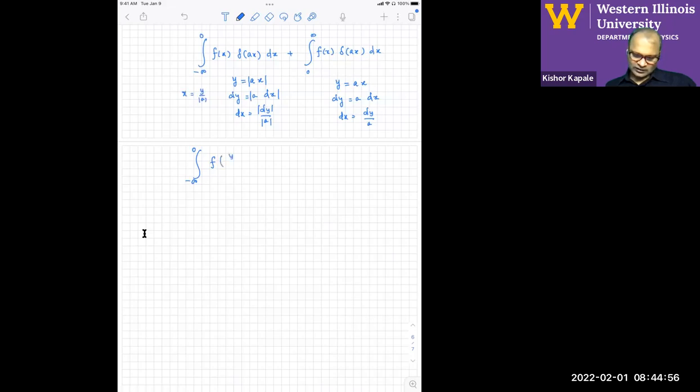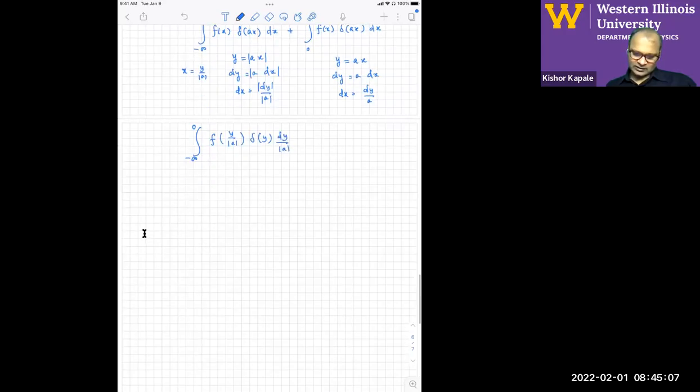So y over a, delta of y and dy over amplitude of a, from 0 to infinity. Since everything is positive here, you don't need to worry about that. But you can just write down modulus sine of a, that doesn't matter. y dy over a, it works in both cases.